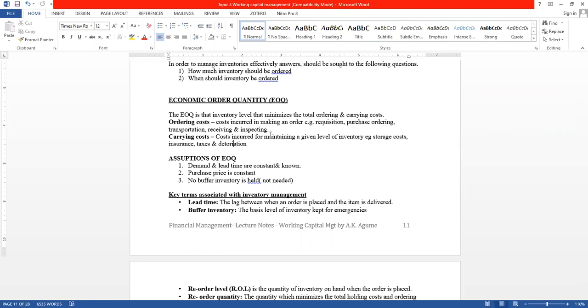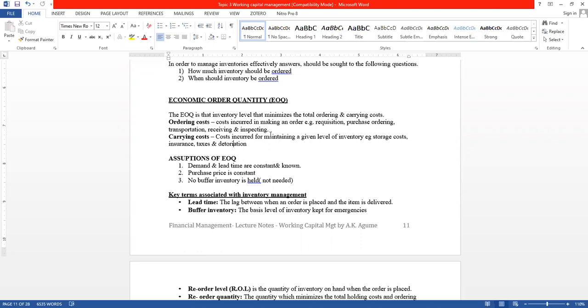Then insurance, you need to incur some insurance costs, taxes, and of course, deterioration. Now, this EOQ has some assumptions, but of course, the assumptions may not hold in practice.